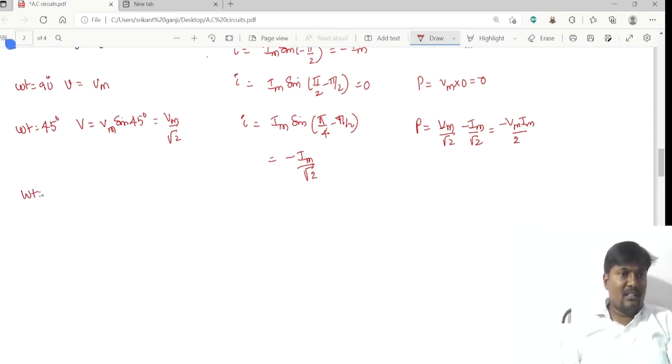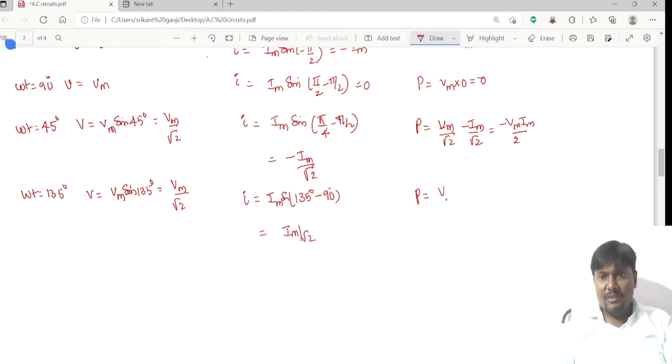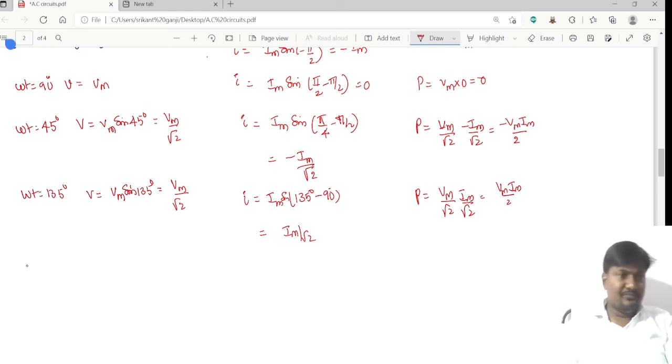Say omega t is equal to 135 degrees. V is equal to V max sine 135 degrees, which is V max divided by root 2, since sine of 90 plus 45 is cos 45. And I is equal to I max sine of 135 minus 90, so this is positive, I max by root 2, and the instantaneous value of the power is V max by root 2 into I max by root 2, that is V max I max by 2.